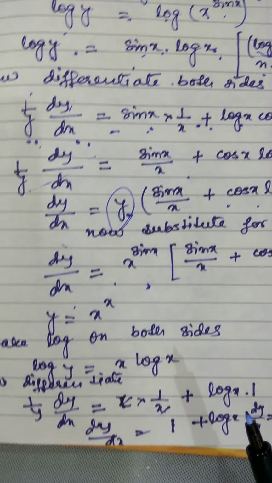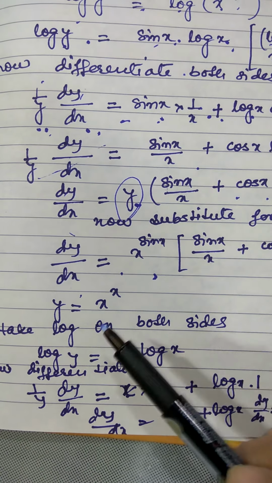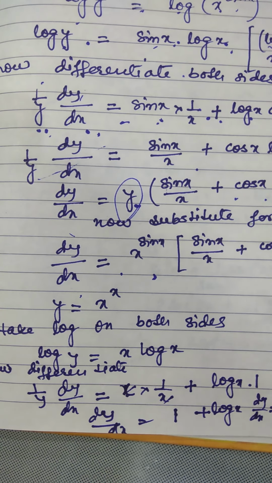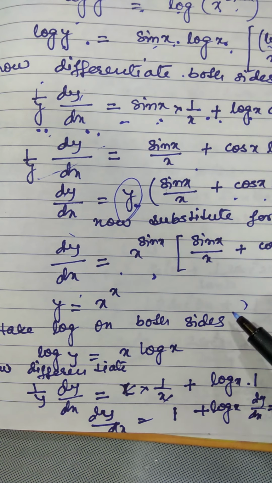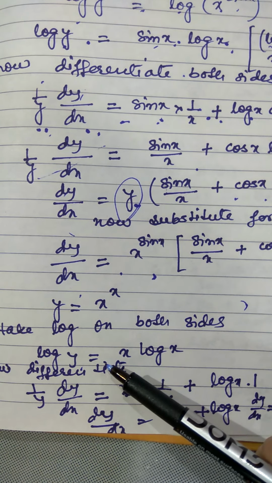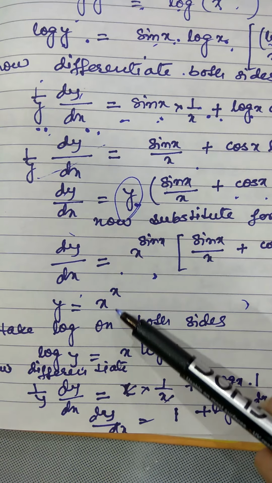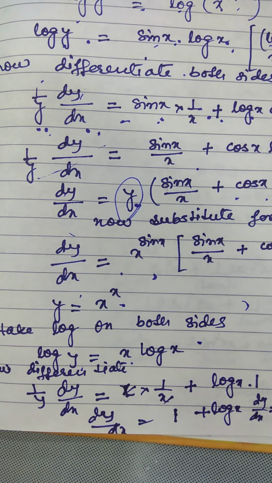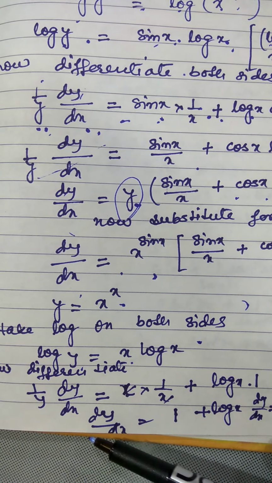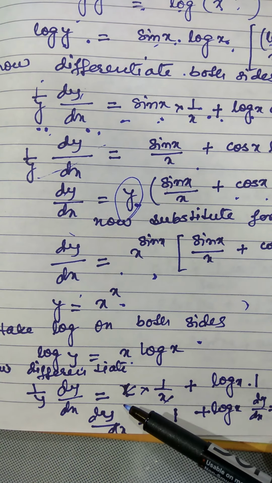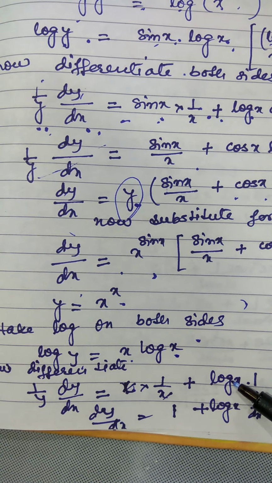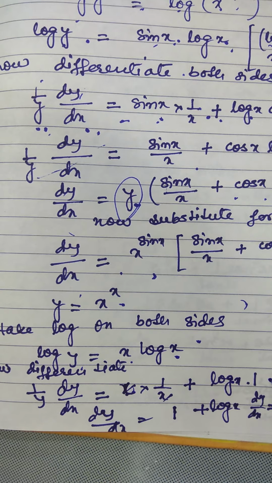Suppose the function is y equals x raised to the power x. Taking log on both sides, log y equals log x raised to the power x. So this becomes x log x. Differentiate. 1 upon y dy by dx equals first function into derivative of second plus second function into derivative of first.